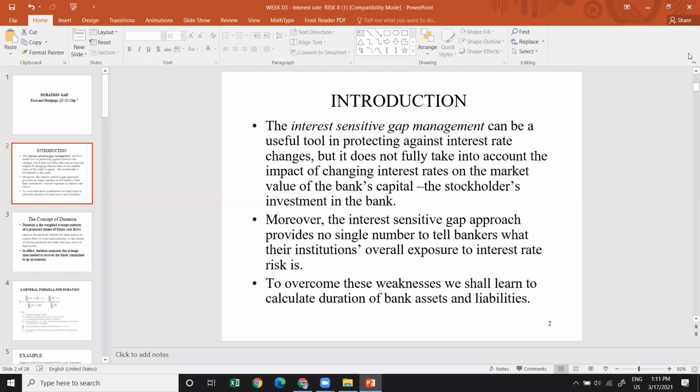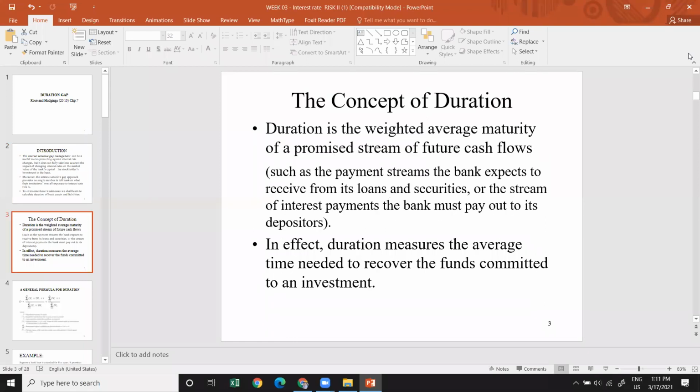That financial instrument is called the duration of the bank's assets and liabilities. The concept of duration means the weighted average of the maturity of the promised streams of future cash flows, such as payment streams that the bank expects to receive from the loans and securities it holds, and the streams of interest payments that the bank must pay out to its depositors.